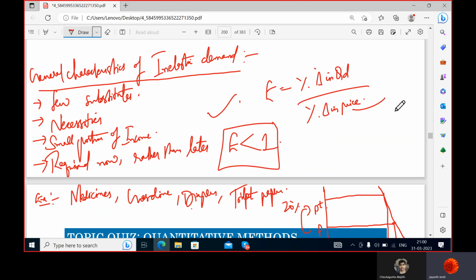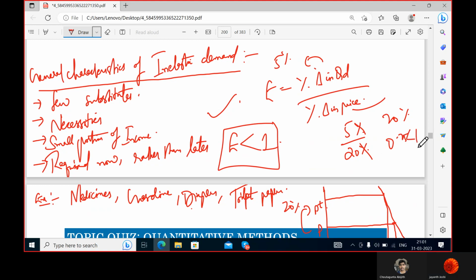The change in price here was 20%, but the change in quantity demanded was just 5%. If I take 5% over 20% and remove the percentages, I get 0.25, which is less than 1, correct?